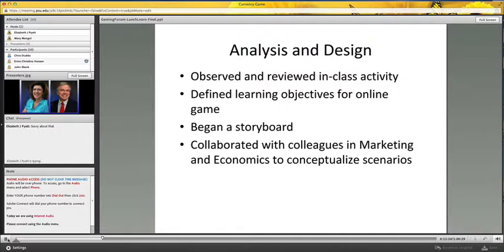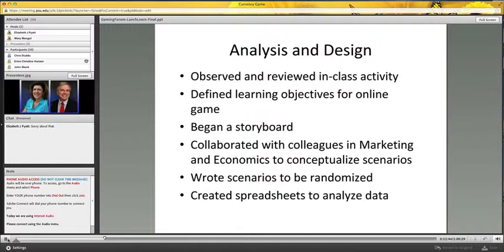Now, as it became clear what we needed, Jim began to collaborate with some of his colleagues in marketing and economics for assistance in conceptualizing the storyline scenarios that would become part of this game. And based upon that information, together we wrote the stories that would be randomly incorporated into the game.